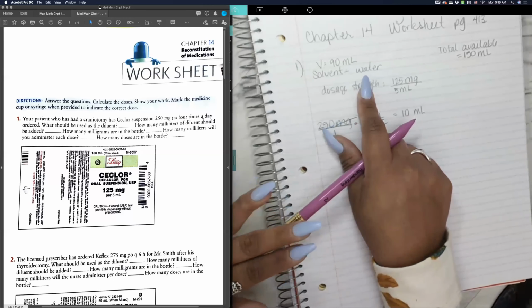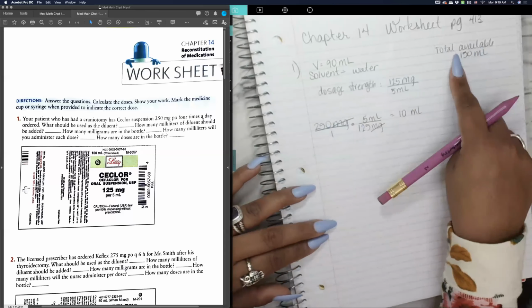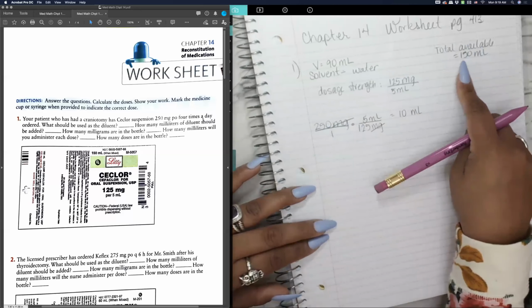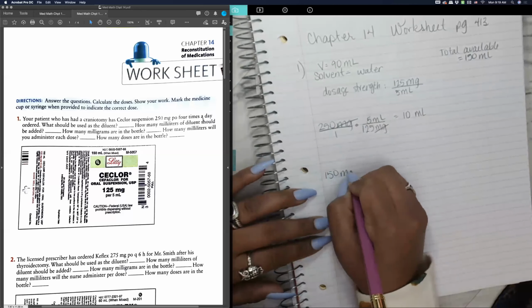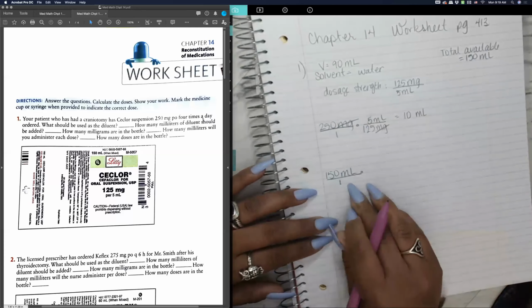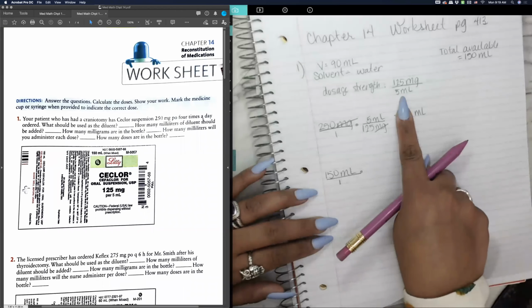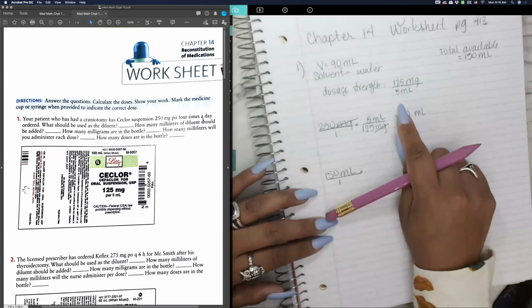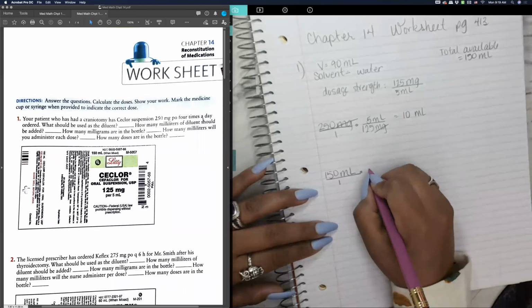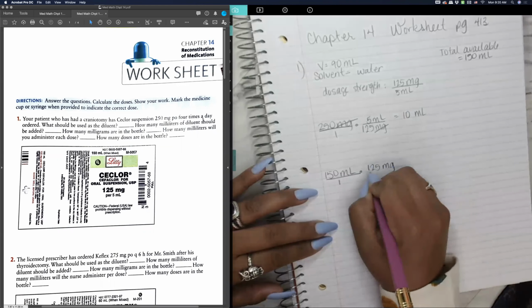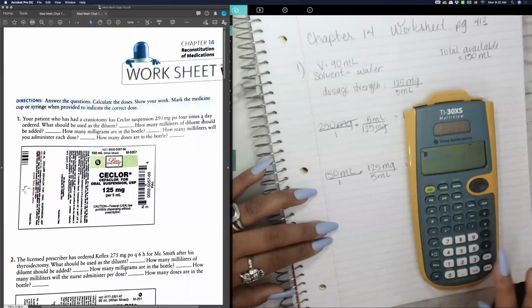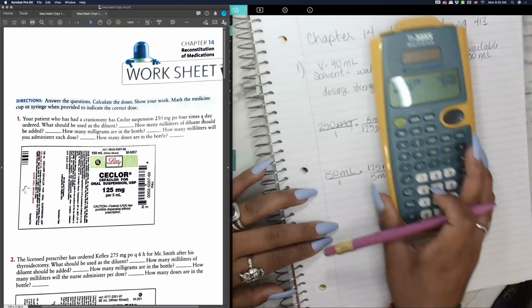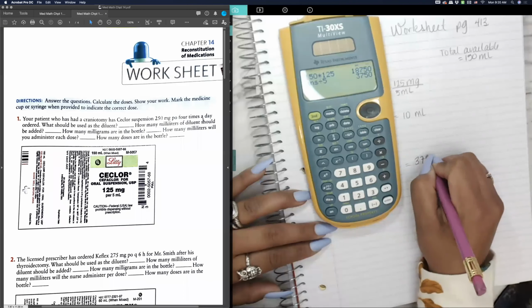So I take the total available amount of medication in my bottle after I've reconstituted it, my 150 milliliters, and multiply it by the dosage strength, so that my milliliters cancel. 125 milligrams per 5 milliliters: 150 times 125 divided by 5 gives me 3750.